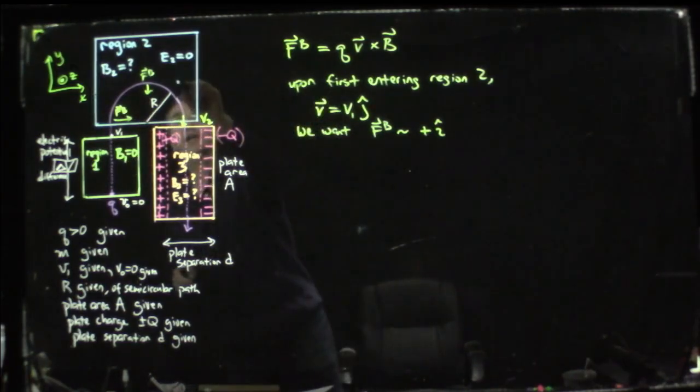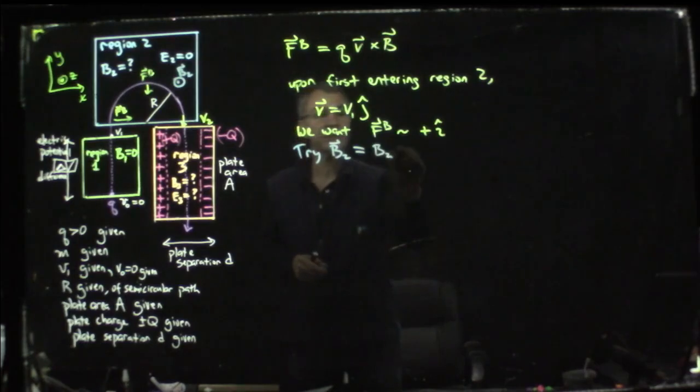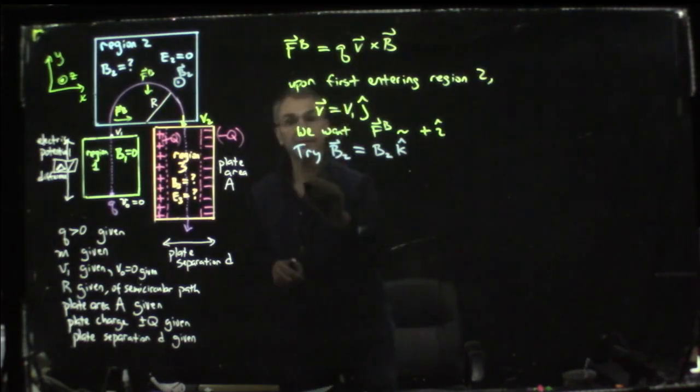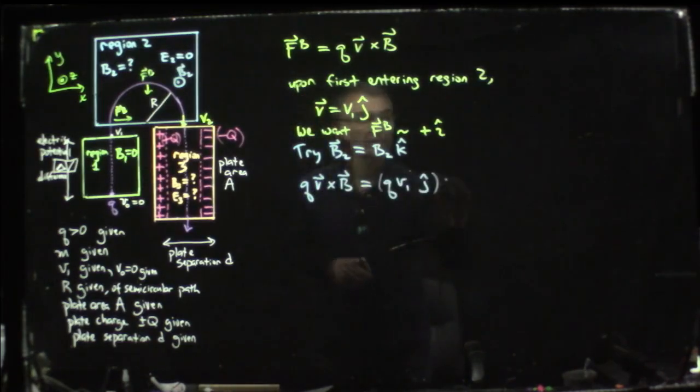Let's try B2 is some B2 magnitude times k hat. That means out of the board in the plus z direction. Then QV cross B is QV1 j hat cross B2 k hat.